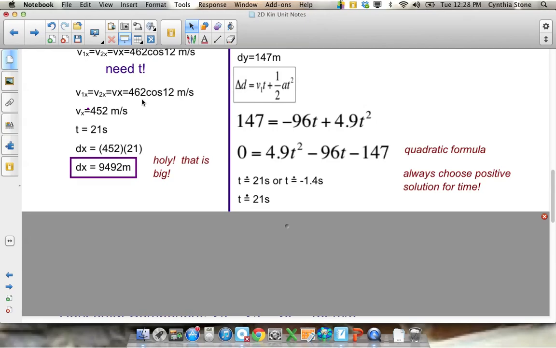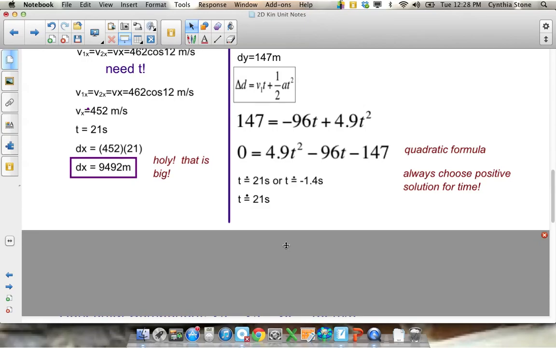And most of that's horizontal, and it has to drop 147 meters. So, yep, 21 seconds in the air. Okay, so moving on, just look ahead to part B. I should put my check mark on it. It's just that it's a big answer.